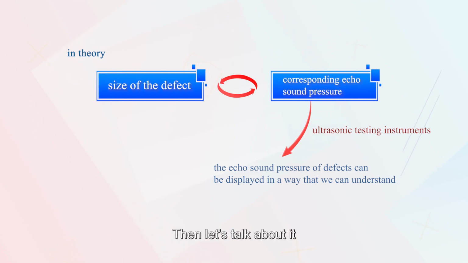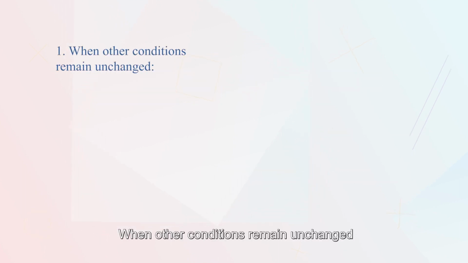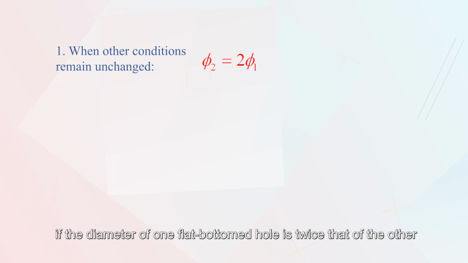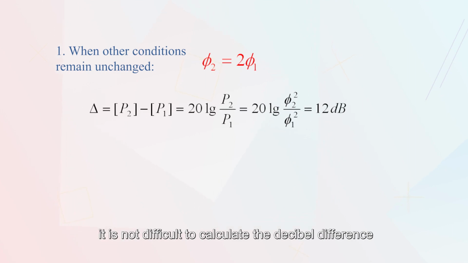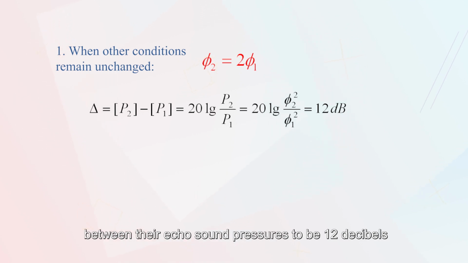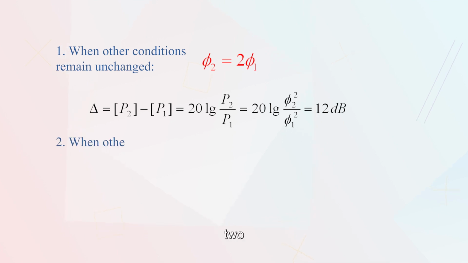Then let's talk about it. 1. When other conditions remain unchanged, if the diameter of one flat-bottom hole is twice that of the other, it is not difficult to calculate that the decibel difference between their echo sound pressures is 12 decibels. 2.